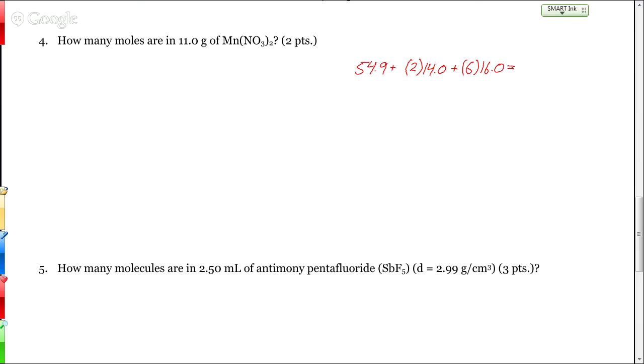Not everybody's showing their work here. So all right, we'll just calculate it out. That's fine. So I've got 54.9... 178.9. So we'll say 179. That sound right? And that's grams per 1 mole. So grams per mole.